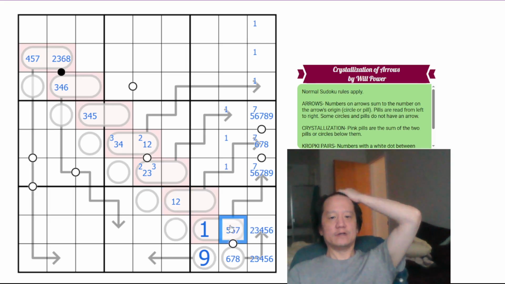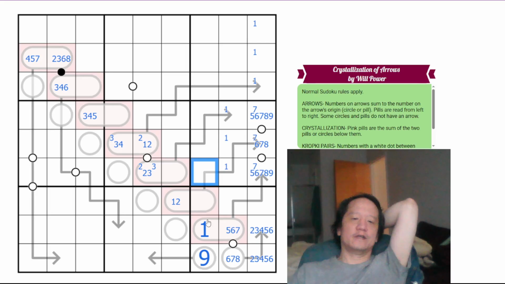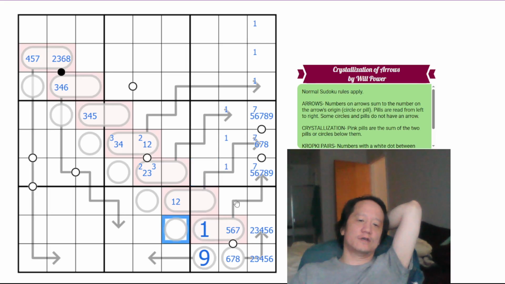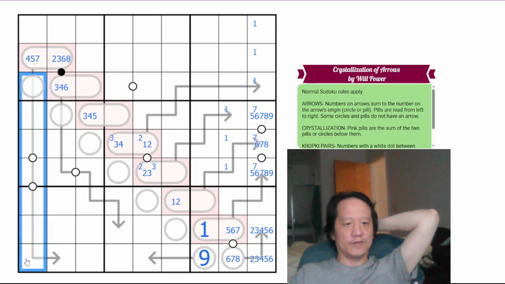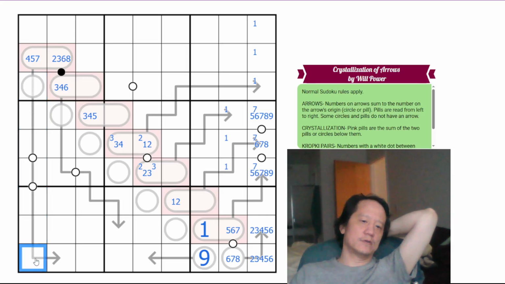This, well, it could be less than, right, if you add up with this digit here. Oh, the sum of these is at most 1, 2, 3, 4, 5, 6, 7. So technically 3 through 9, but we can't have that.